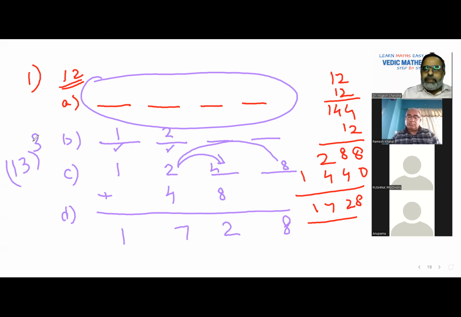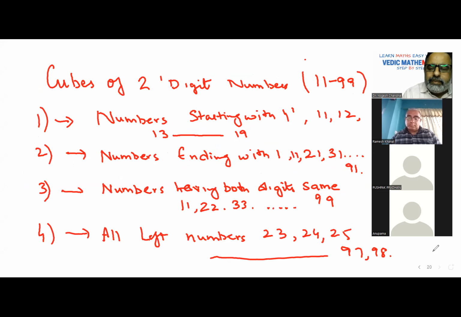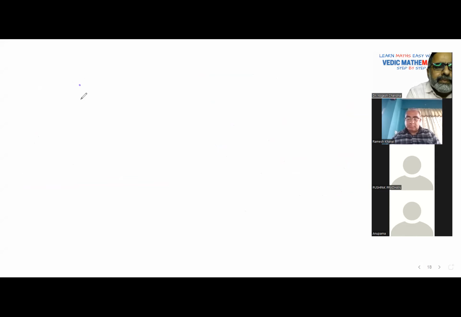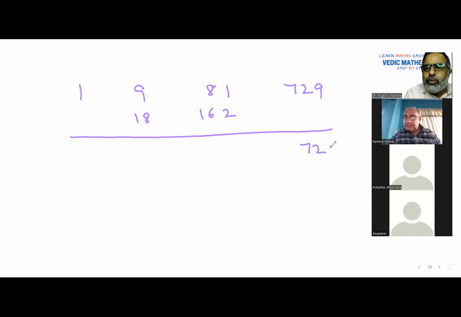Can you show me one more time? 19, if possible. Yes. What is the square of 9? 81. What is the cube of 9? 729. Done. 18, 162, add 729, 243.